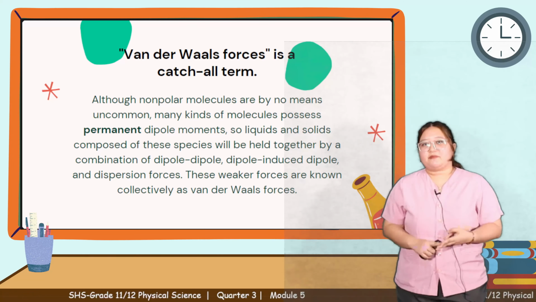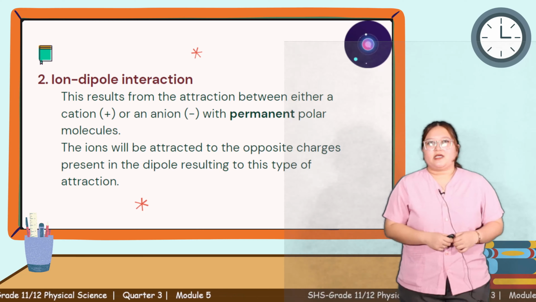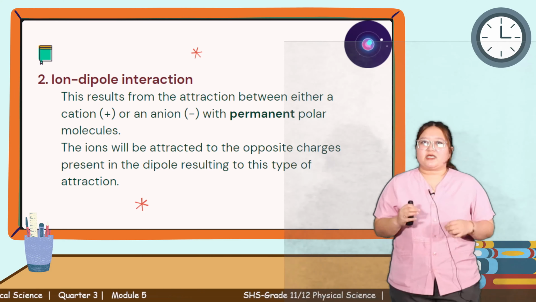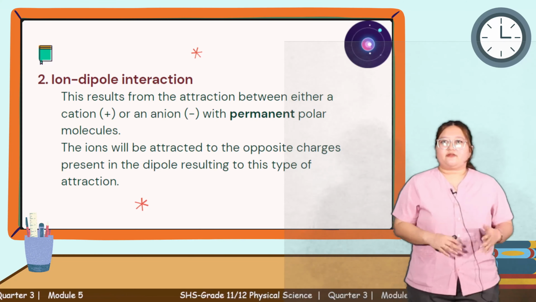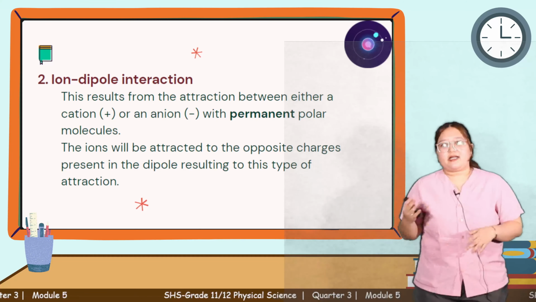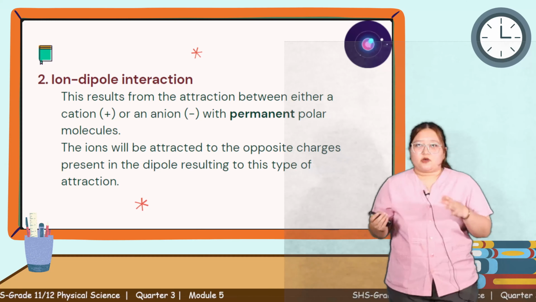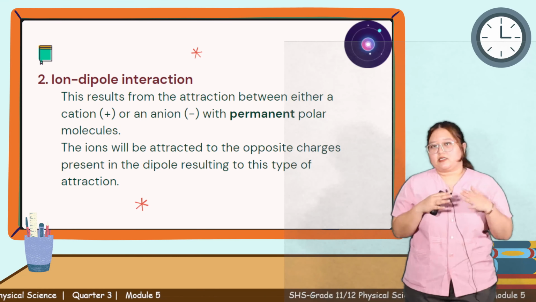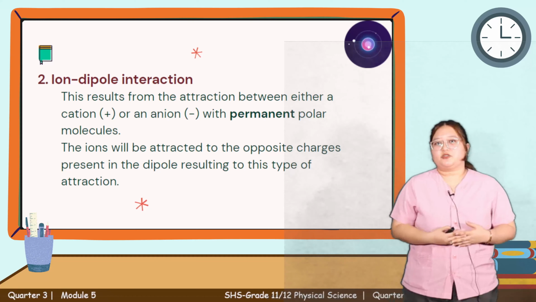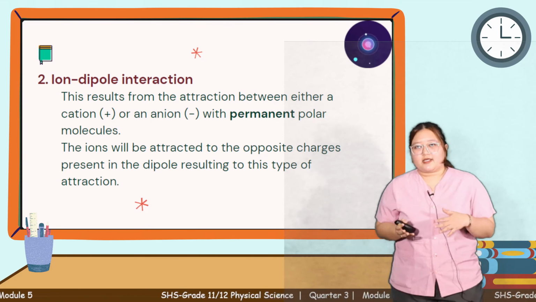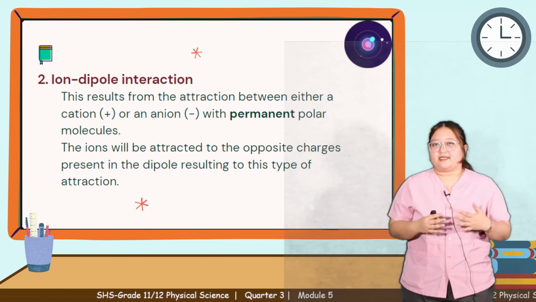Okay, moving on to the second one, we have the ion-dipole interaction. Now, this interaction results from the attraction between either a cation or an anion with permanent polar molecules. So, as its name goes, ion-dipole, it is an interaction between a charged ion and a molecule that has a dipole.